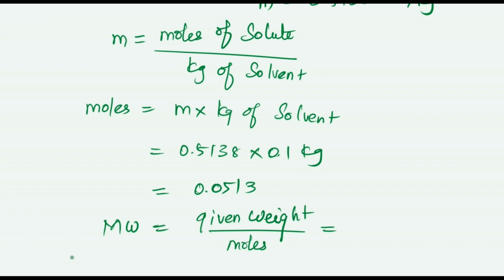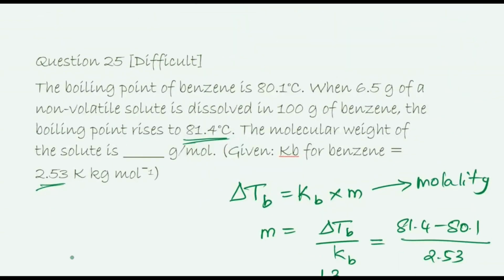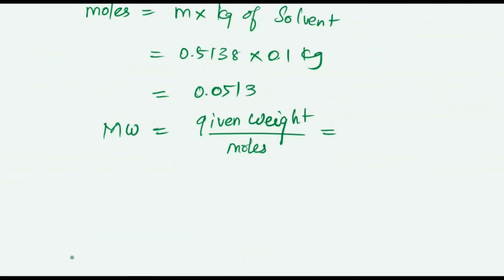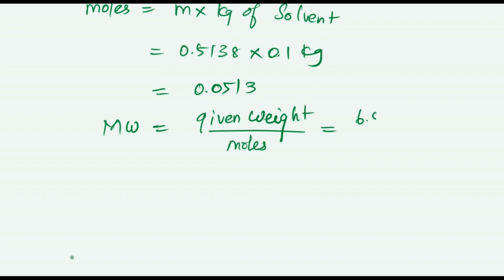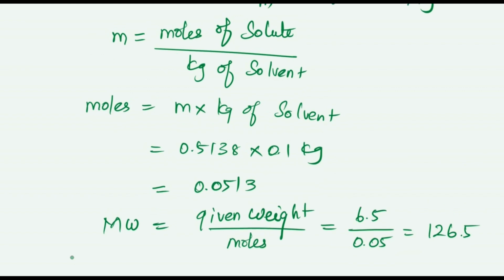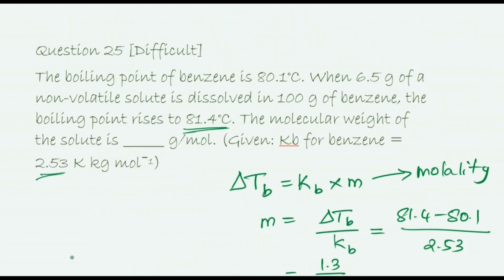Mass is 6.5 grams of non-volatile solute. Moles, that is 0.05, which will give you the answer 126.5 approx. Or 127 will also work. So that becomes the answer to this question.